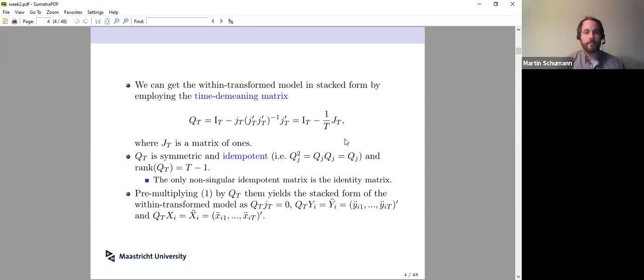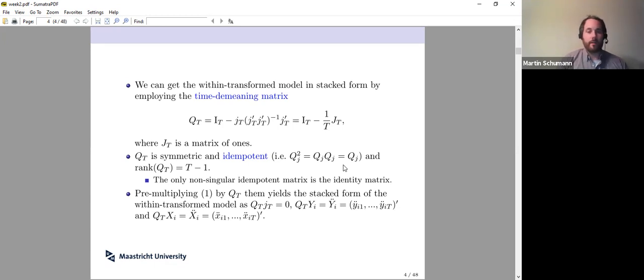Now this Q_T has some nice properties. For instance, it's symmetric and it is idempotent. That means that if you multiply this matrix with itself, you get the same matrix again. That's the property here. And it has a rank of T minus 1.